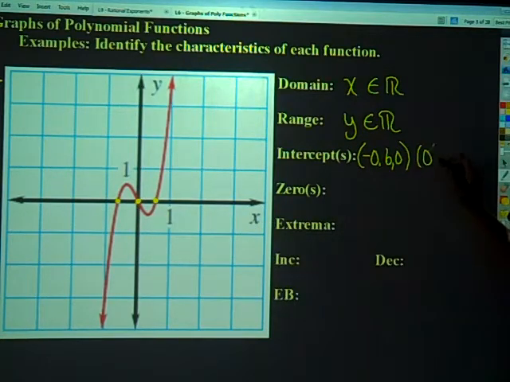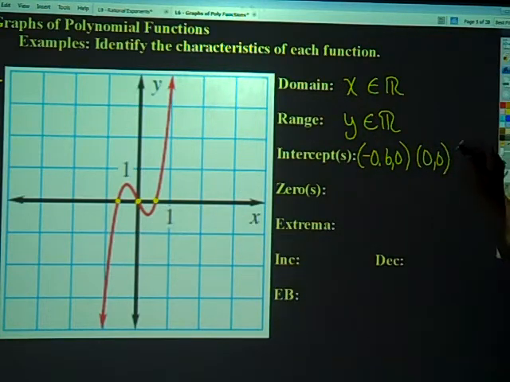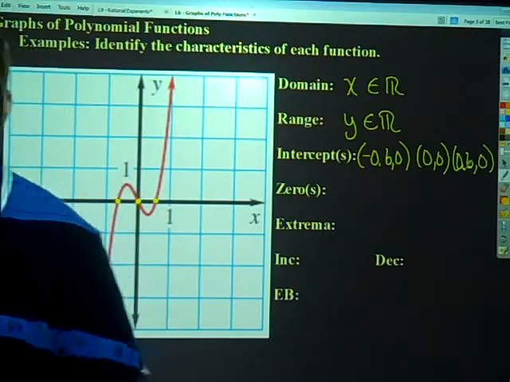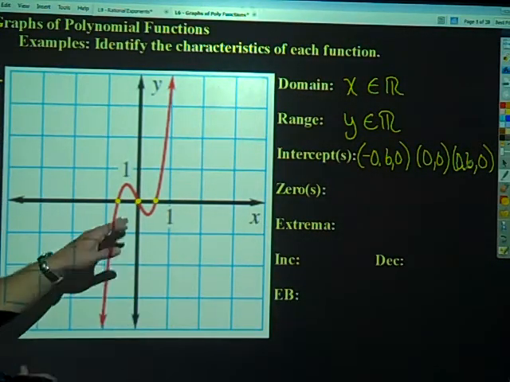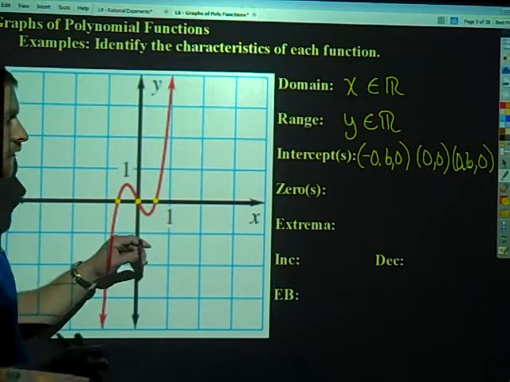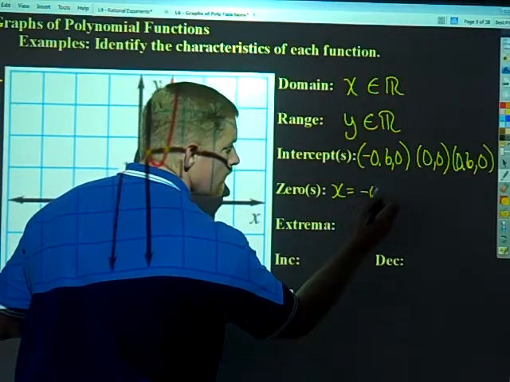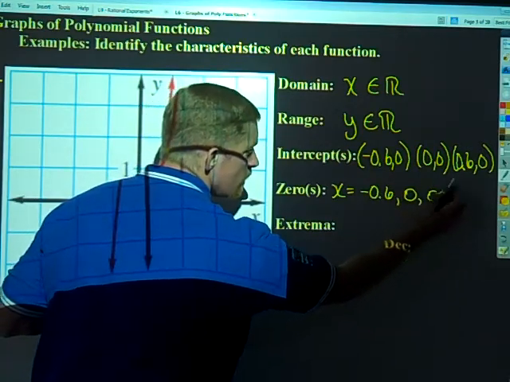That would be 0, 0. And then we have another one here at 0.60. Those would be all of my intercepts for the function. The zeros of the function are simply the places where it crosses the x-axis. This is x equals negative 0.6, 0, and 0.6.